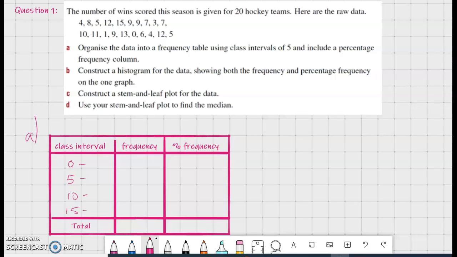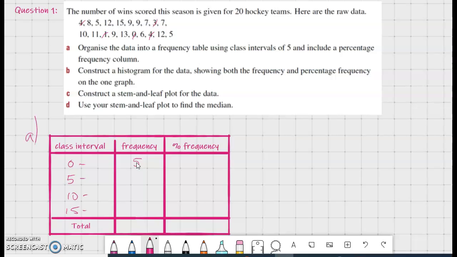Our next step is to tally up the frequency of each interval. So this is 0, 1, 2, 3, and 4. Anything less than 5 will go in here. Let's go through and tally them up. There's a 4, that's 1. There's a 3, that's 2. 3, 4, 5. So there's 5 of those, and I'm going to write 5 there.